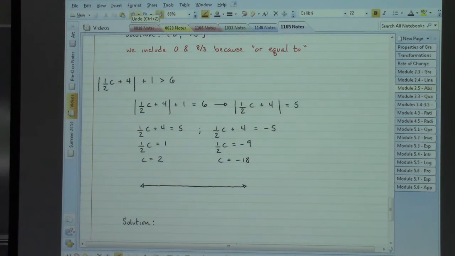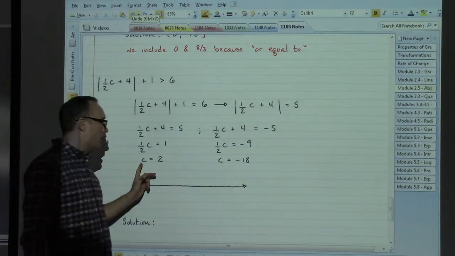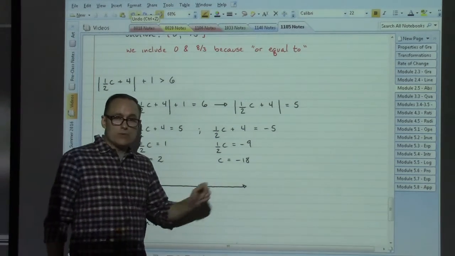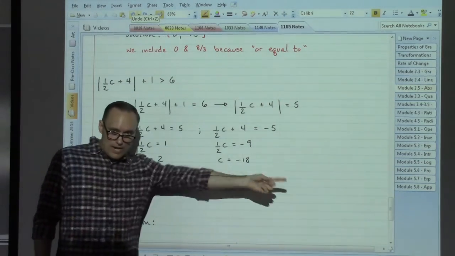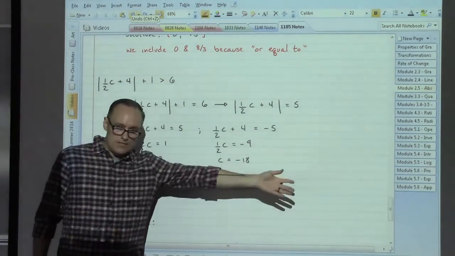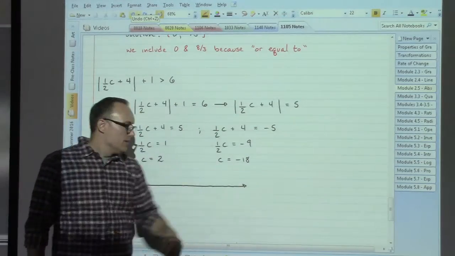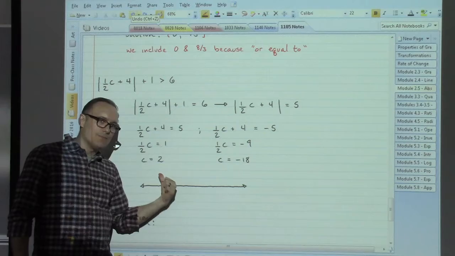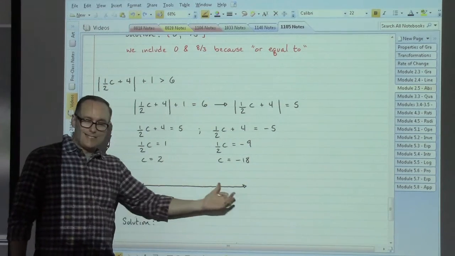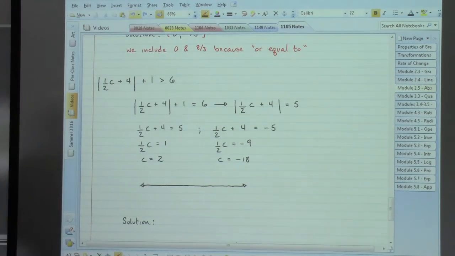Here are the two numbers that we want to now put onto our number line. C equals 2, C equals negative 18. Remember with your number lines, left to right, negative to positive, smaller to larger. So out of those two, the negative 18 is going to be to the left. The C equals 2 is going to be to the right.